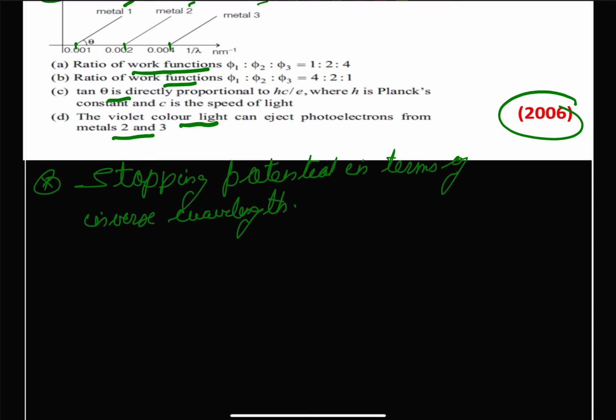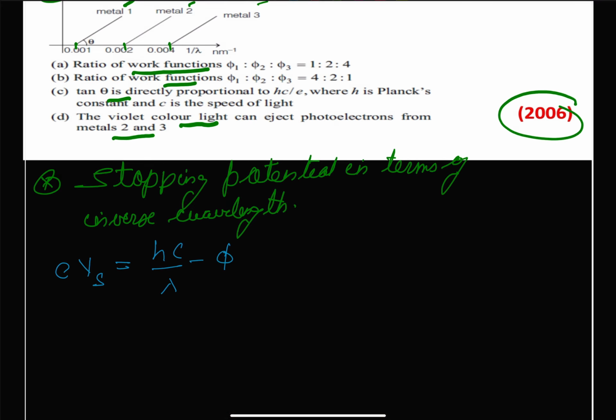In terms of inverse wavelength, we can write that E times our stopping potential Vs is equal to hc upon lambda minus work function phi.